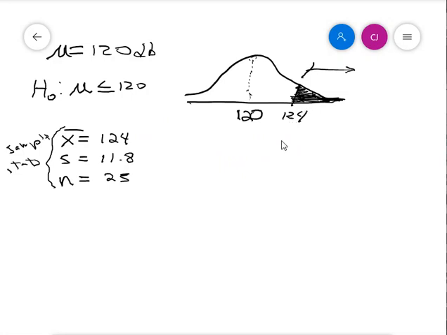And remember, we can judge that by looking at our p-value. If the p-value is really small, then we know this number is statistically far away in terms of standard errors. So that's what we need. We need to know basically, is it more than 2 standard errors away from the middle?